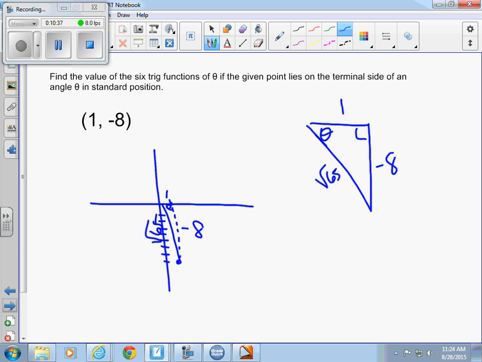So now finding sine, cosine, tangent, secant, cosecant, cotangent is just a matter of writing opposite over hypotenuse. The sine of theta is opposite over hypotenuse.